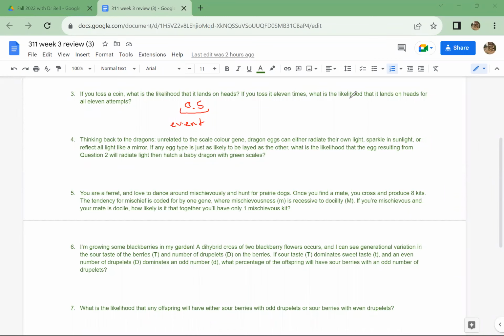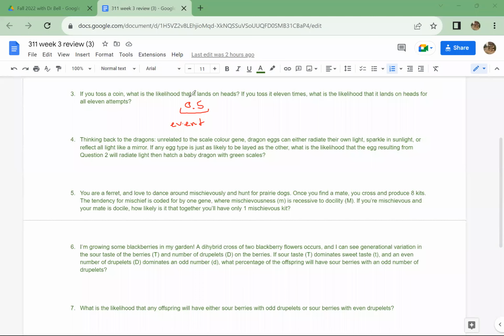Like if I were to walk into a field, how likely is it that I would get struck by lightning? Not very likely. How likely is it that if I walked into two different fields, I would get struck by lightning both times? Even less likely. So you can think of it as the more strict your requirements are, the more a specific event has to happen, the less likely it's going to be.